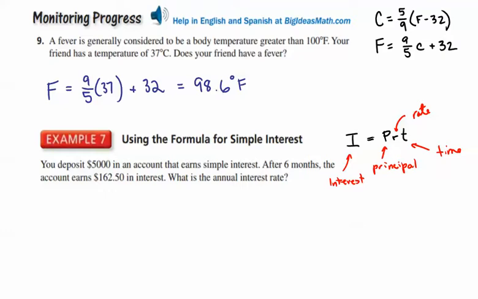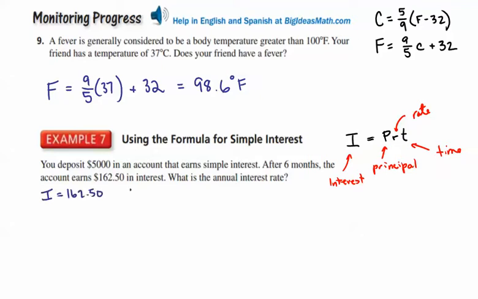So let's read the problem. You invest $5,000 in an account that earns simple interest. After 6 months, the account earns $162.50. What is the annual interest rate? So we know that the interest in the end, I, is equal to $162.50.